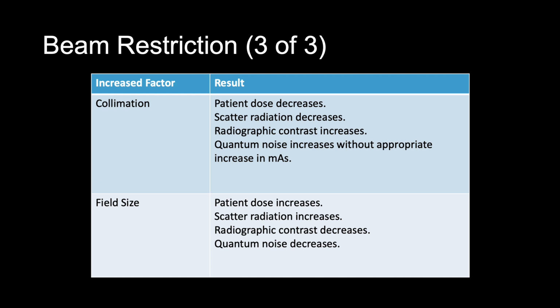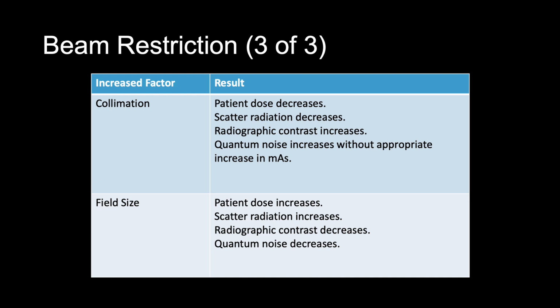For example, when you collimate significantly, so you're changing from an 11 by 14 field size to a small 4-inch diameter cone, the radiographer must increase exposure to compensate for that decrease in the number of X-ray photons. The kVp is typically not increased because it increases the proportion of scatter produced in the patient.